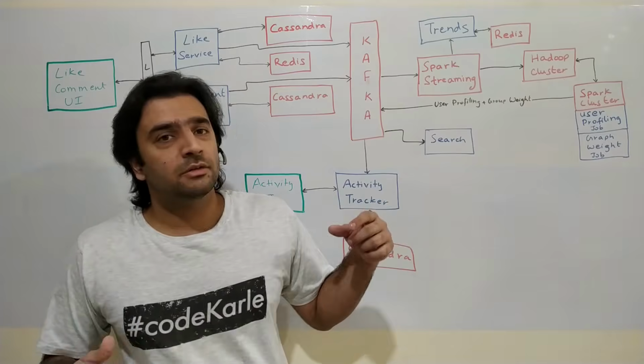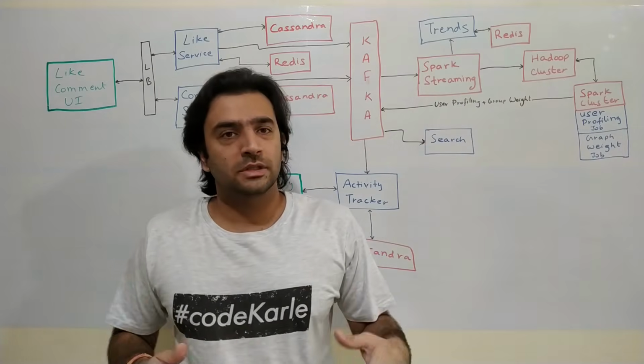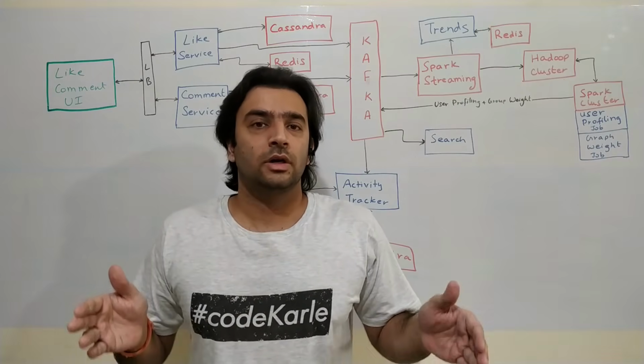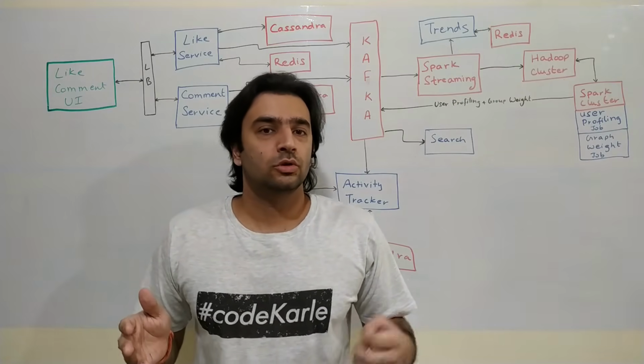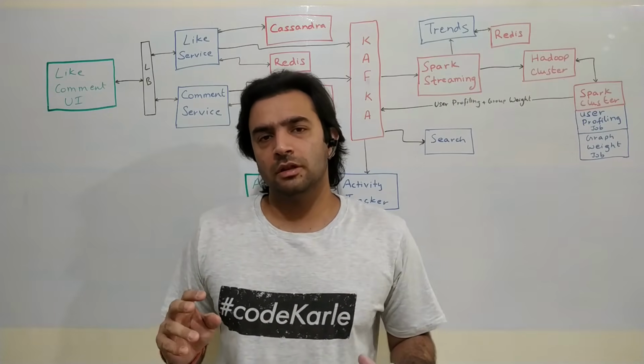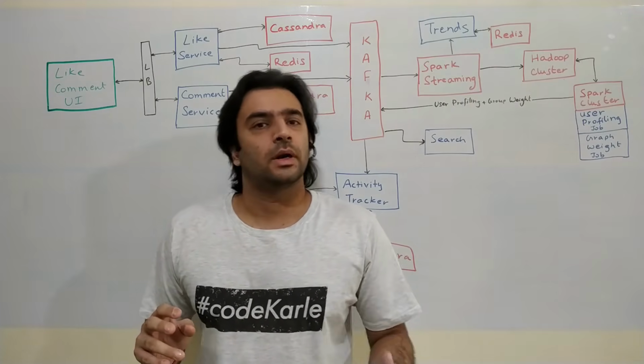And then the remaining words will be put into this trend service, ranked by their count. So at any point in time, we'll know what word is the most used word right now, right? And that will give us some inferences about what kind of things people are talking about.